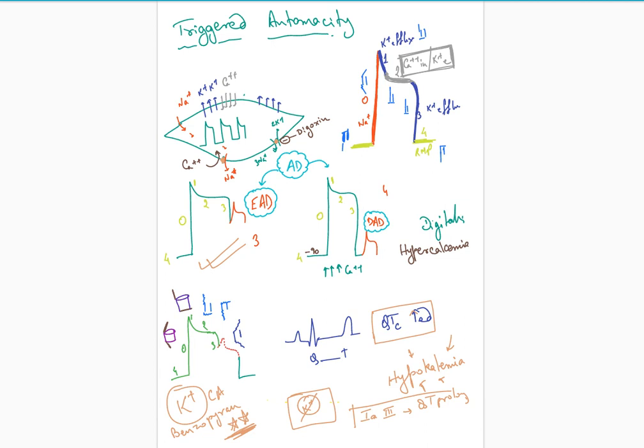But digitalis toxicity has occurred, and sodium potassium ATPase is stopped. So what other option does the cell have? Do you know?